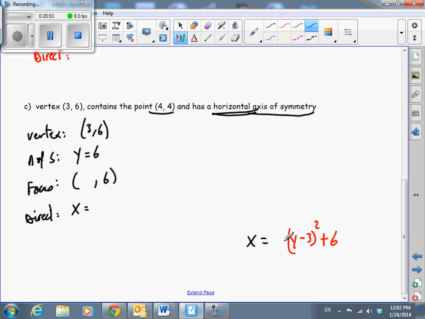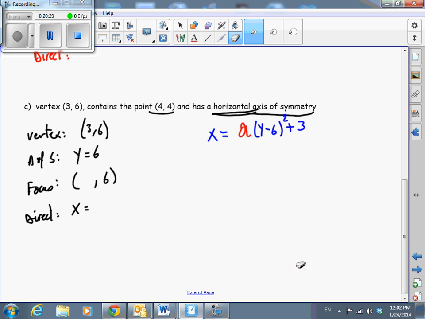And what letter do we use for whatever is in front here? A. So I will write it like this. Is x equals a, y minus 6 plus 3, and I have a square. And yes, for now, I will write a.